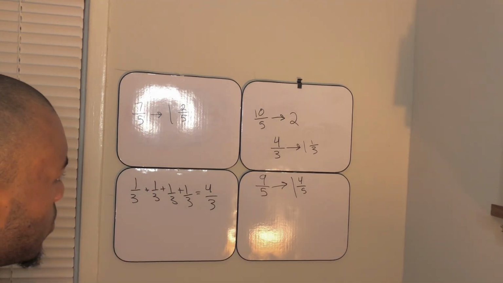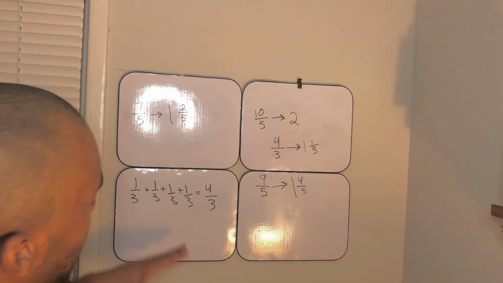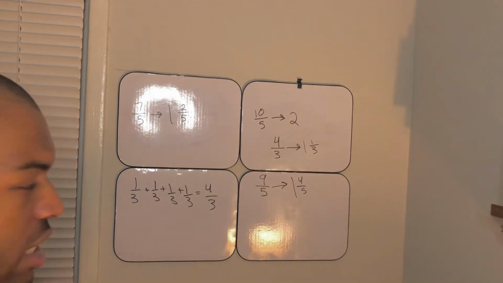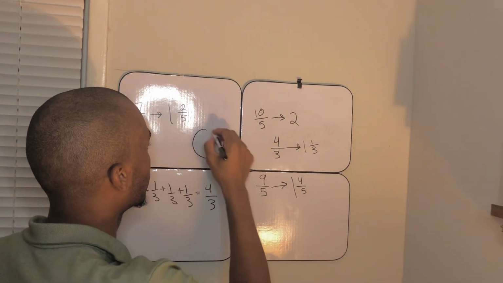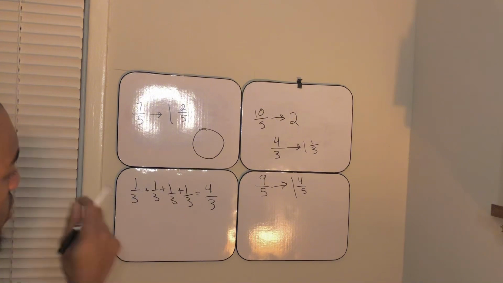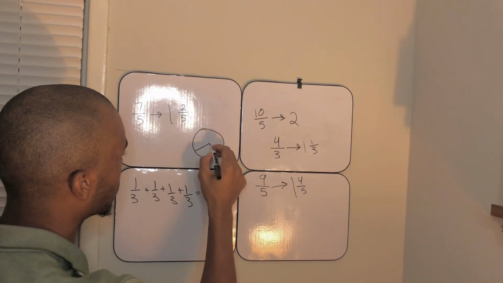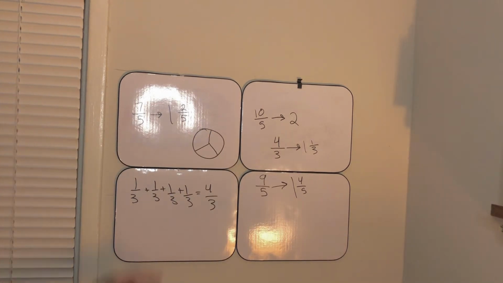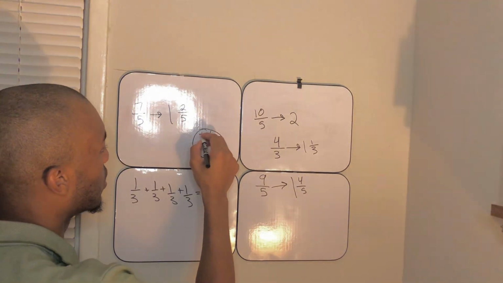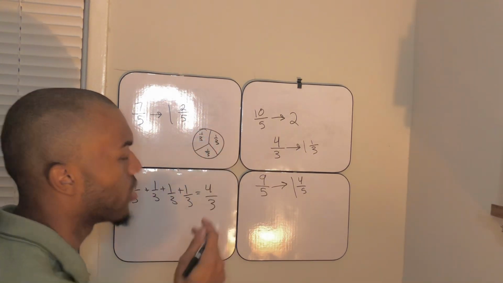So when you're looking at mixed numbers, imagine again this pie that we had. I'm gonna draw it right here, right now. For our situation, we had it cut up into 3 pieces. 1, 2, 3. And again, this is 1/3, 1/3, 1/3.